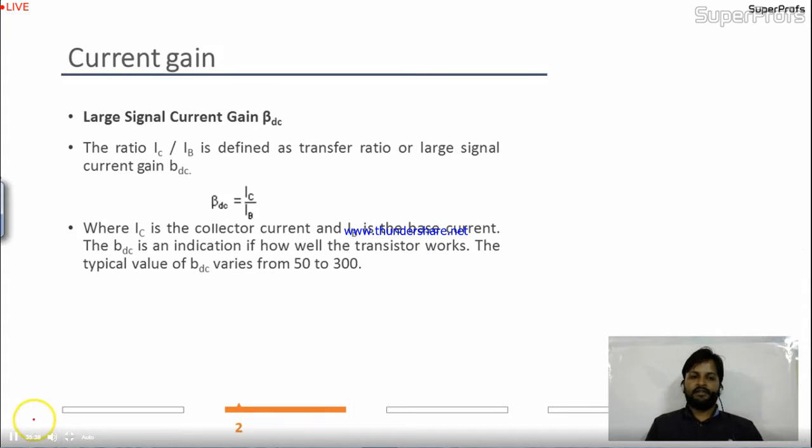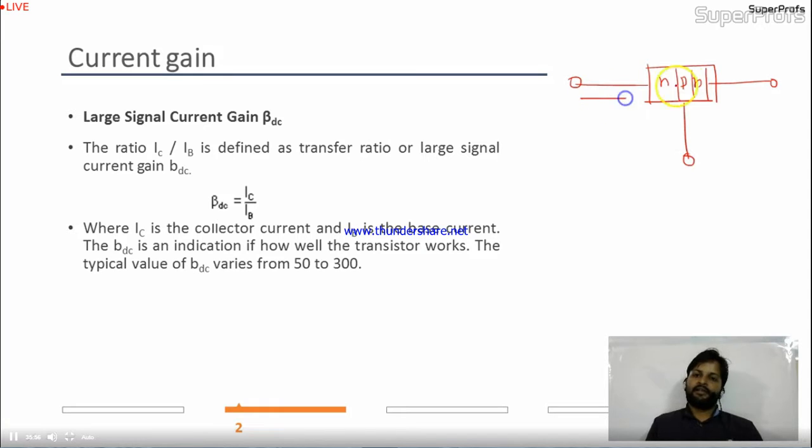Now we have to discuss some current parts of the transistor, so let me draw the circuit. This is the NPN transistor connected over here. This is the base. In the NPN transistor, the emitter current is outgoing. IB is incoming and IC is also incoming.